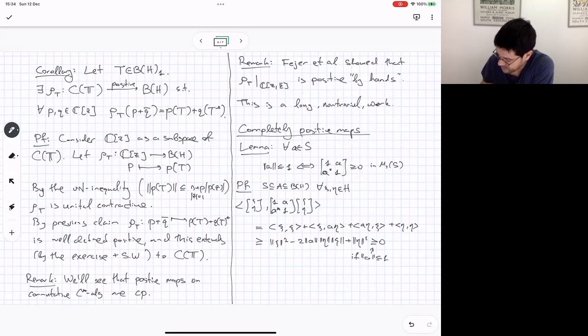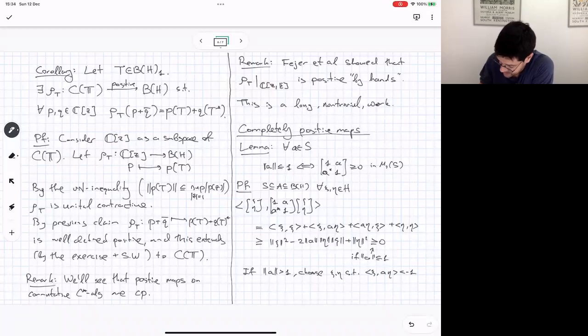So this is one direction. And if the norm of A is greater than 1, then it's not hard to choose psi and eta such that the inner product of psi and A eta will be less than -1.